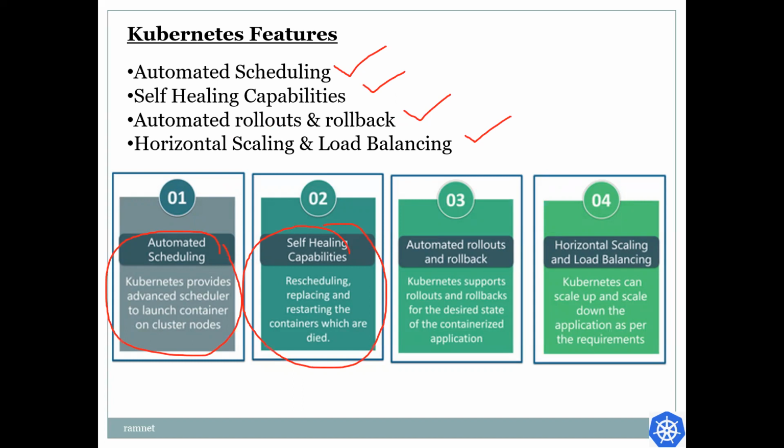Automated rollouts and rollbacks: Kubernetes supports rollouts and rollbacks for the desired state of the containerized applications. Horizontal scaling and load balancing: Kubernetes can scale up and scale down the applications as per the requirements. So these are the four basic features which we talk about in Kubernetes.